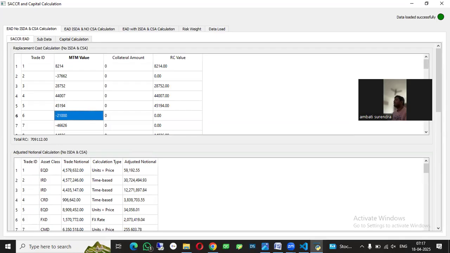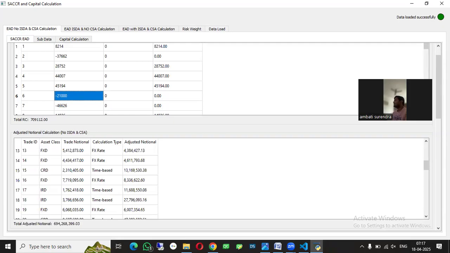If you ask me whether EAD or SACCR calculates at portfolio level or counterparty level, I can say that SACCR is calculated at counterparty level for netting, however the calculations are aggregated across all netting sets to determine the total EAD. That's what I can say.